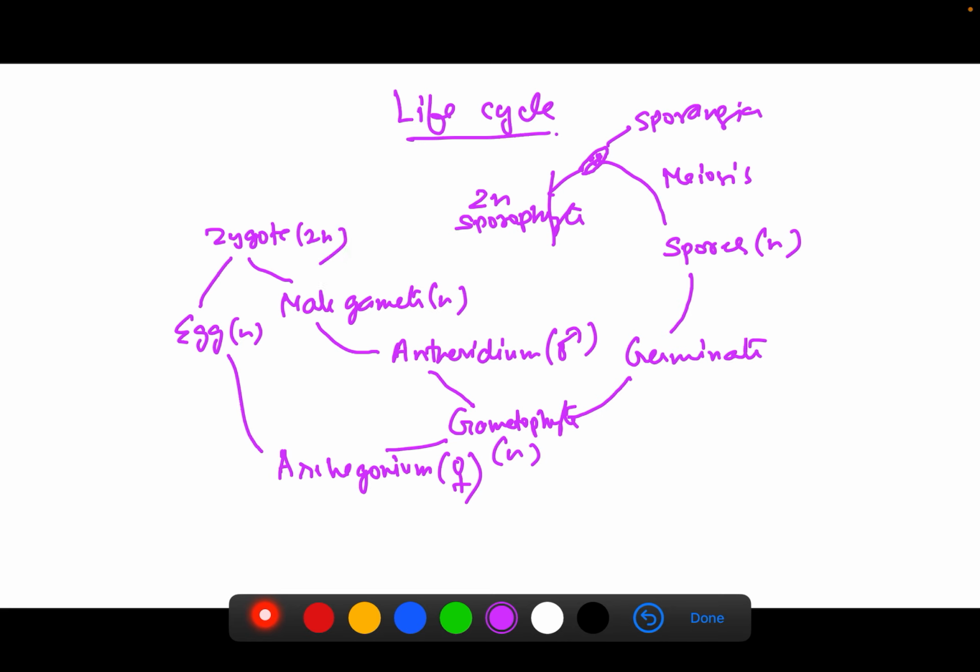This zygote will multiply and form the young sporophyte, which is again 2n, and this young sporophyte will give rise to the diploid sporophyte. This kind of life cycle is called a haplodiplontic life cycle. You are finding a haploid gametophytic phase as well as a sporophytic phase, but the sporophyte is the dominant phase.